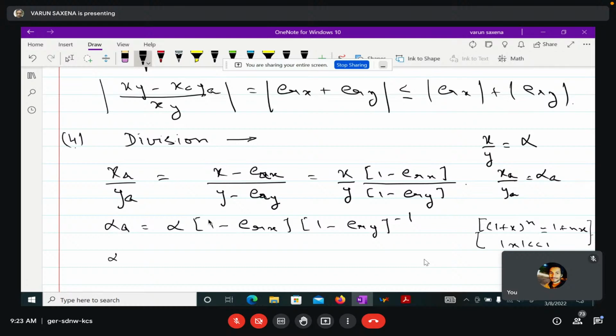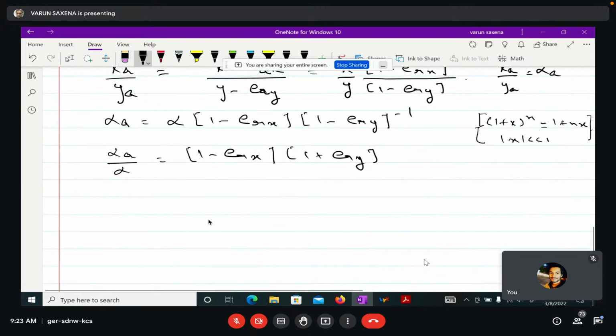So I can write alpha a over alpha is 1 minus erx times 1 plus ery. So basically ending up with a similar kind of expression, ery minus erx. Okay.